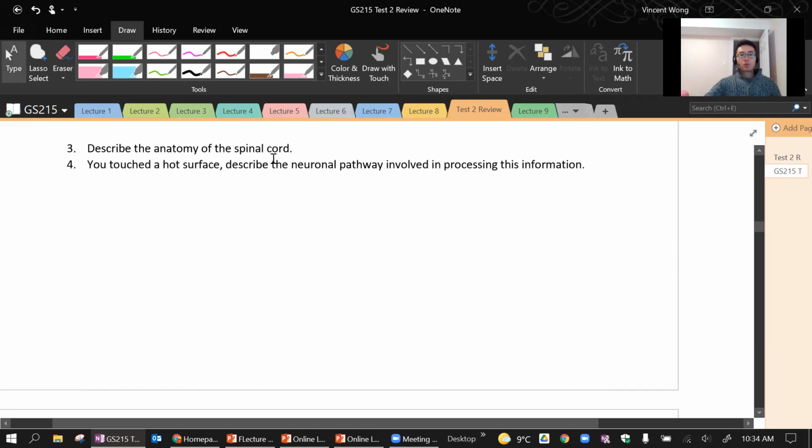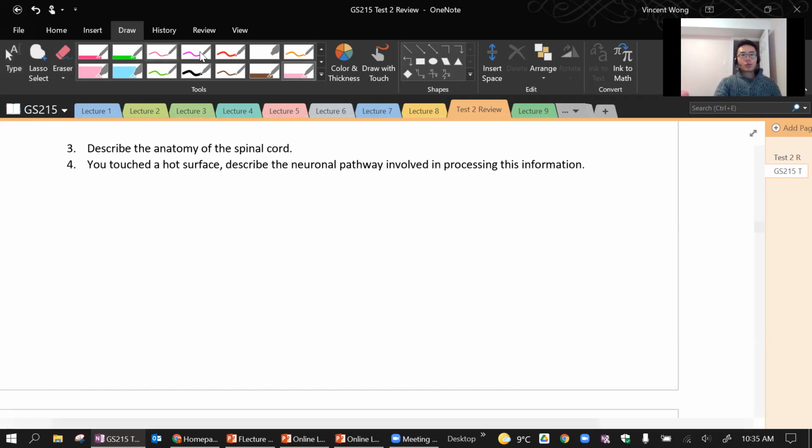Describe the anatomy of the spinal cord. We did that as well during the lab review. You touch a hard surface, describe the neuronal pathway involved in processing this information. This has to do with drawing the spinal cord, with the pathway coming in and going back out, but also going up through the ascending tract.